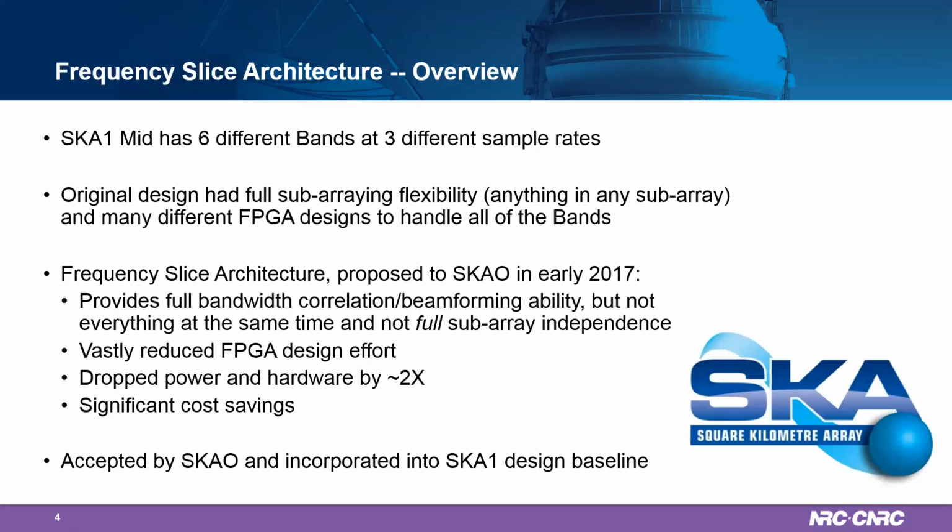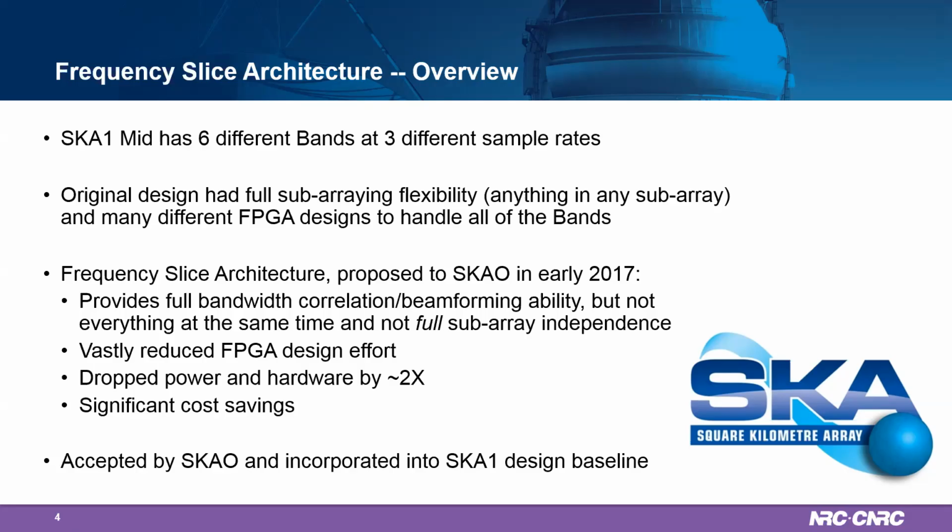So while working on the SKA1 mid correlator, it was a very challenging problem because SKA mid has 6 different bands at 3 different sample rates, and the original requirements and design required full flexibility across subarrays, essentially meaning that any subarray could be operating in any band, and all of them could be operating in any of the many combinations of different observing modes for imaging and beamforming and things like that.